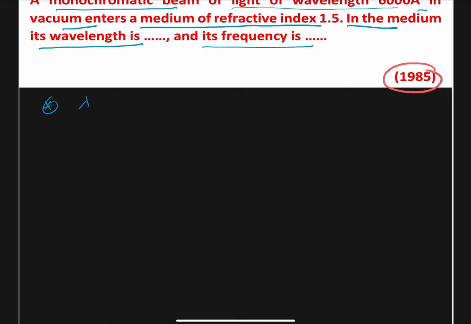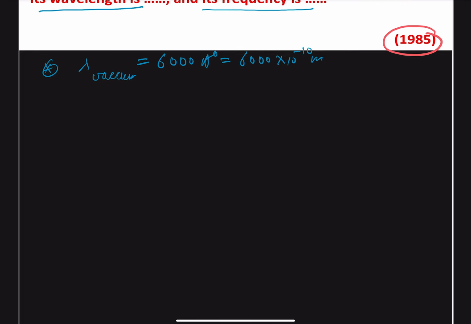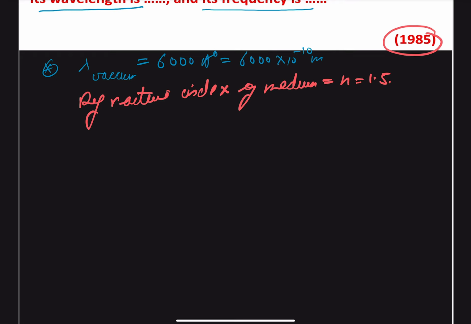We are given lambda in the vacuum, which is 6000 angstrom, that is 6000 into 10 to the power minus 10 meters, and we are also given the refractive index of the medium, which is 1.5.